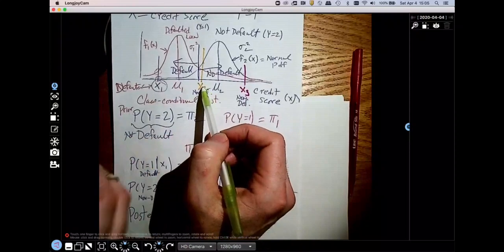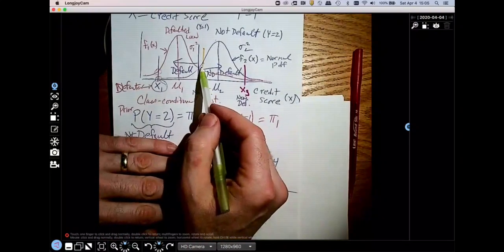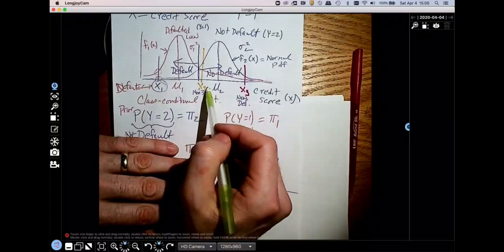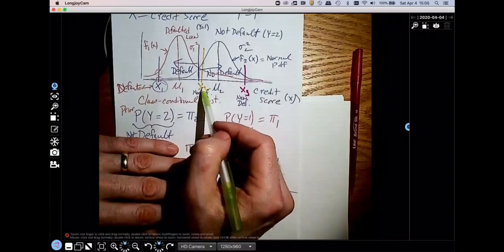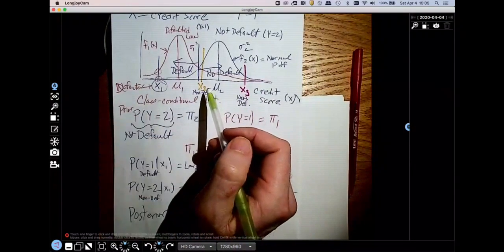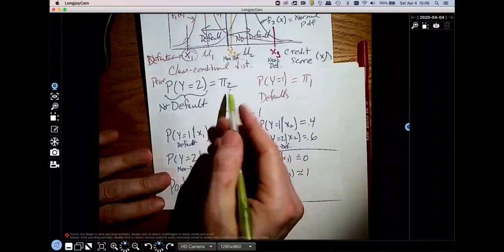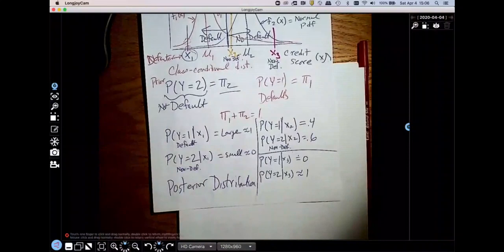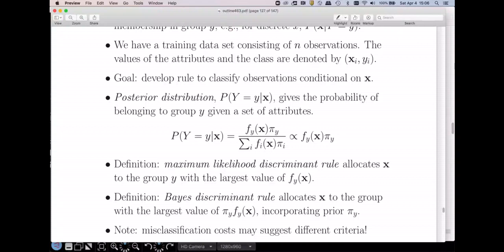If my prior information is that most people default, then with Bayesian, I would call this person a defaulter, where with maximum likelihood, I would call that person a non-defaulter. So the Bayesian takes into consideration this prior information of how common the two classes are. All right, so that's the idea of a Bayesian discriminator.